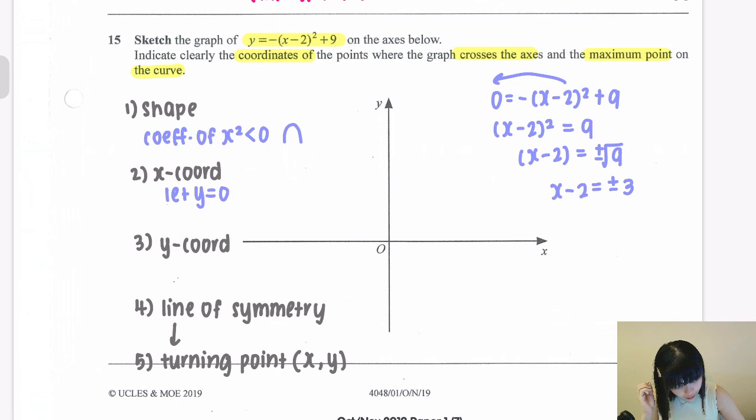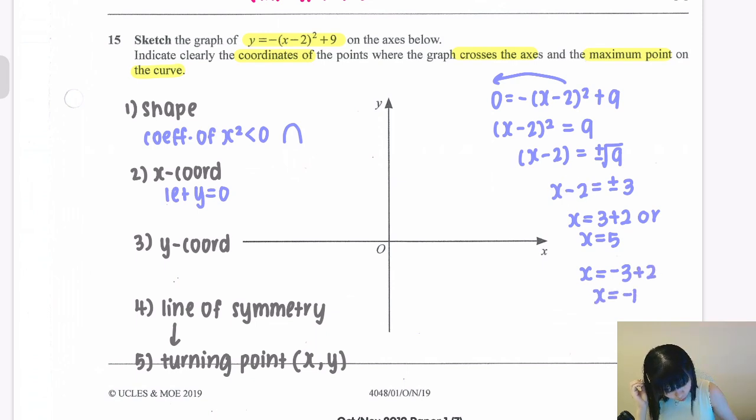Now, if you bring over the negative 2, using the positive 3, you're going to get x is 5. Or, if you take the negative 3 instead, you bring over the negative 2, it becomes plus 2. That will give you x is negative 1. So your x coordinates are x is negative 1 or x is 5.